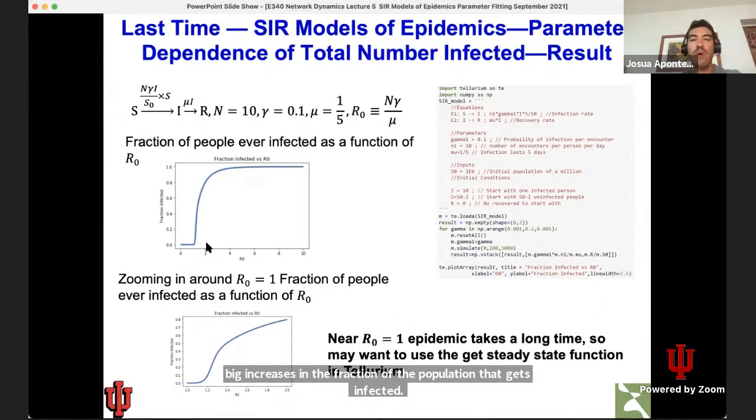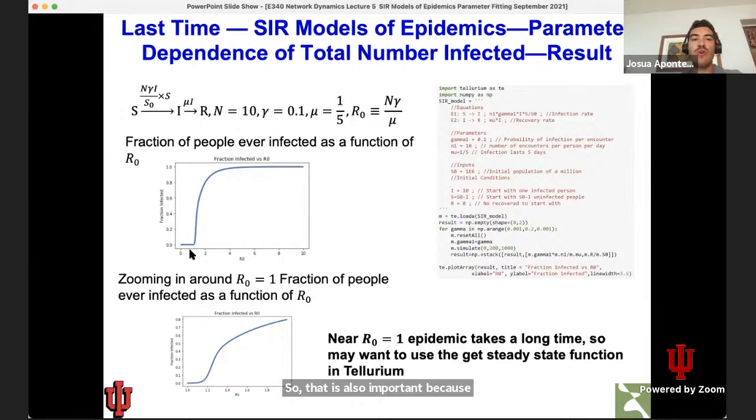So that is also important, because R naught is not an intrinsic property of the virus, right? It also includes things that we can influence, such as contacts between people.